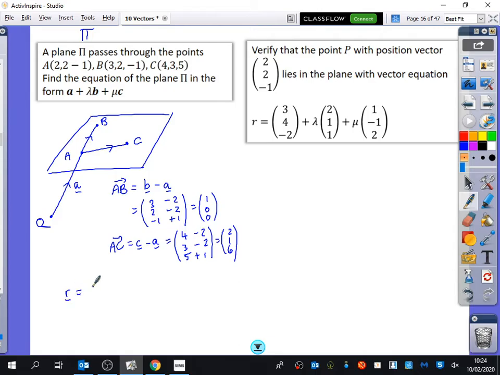The general position is going to be the position A plus some multiple of AB plus some multiple of AC, because AB and AC are the vectors which are parallel to the plane. And then putting that all together, we just get (2, 2, -1) plus lambda (1, 0, 0) plus mu (2, 1, 6).